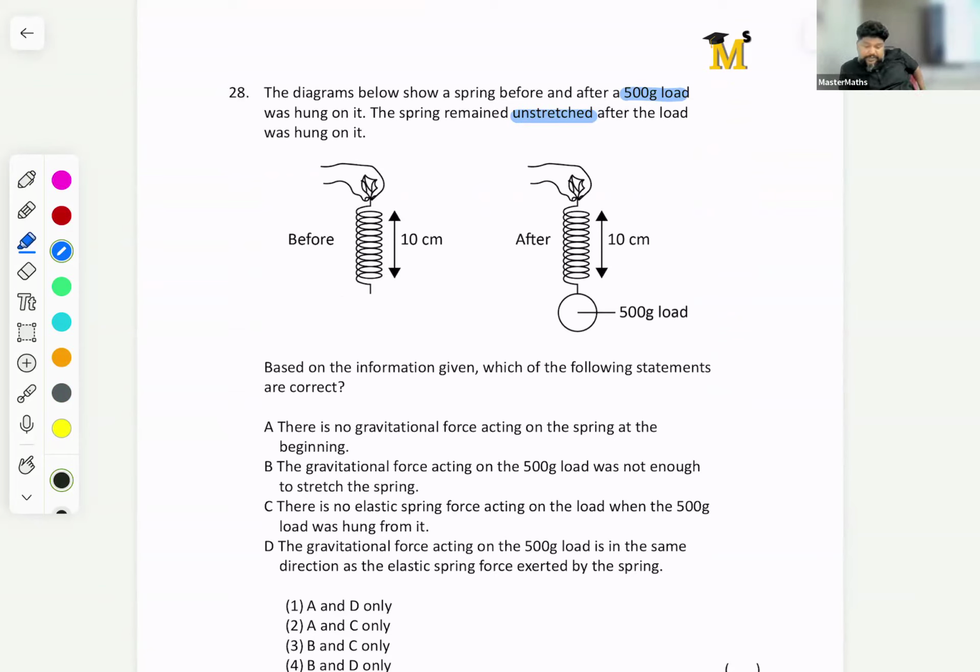Sarah, what was the answer for question 28? 3. Oh, all of us got it right. Okay. Santosh also puts 3. Okay, again, good.